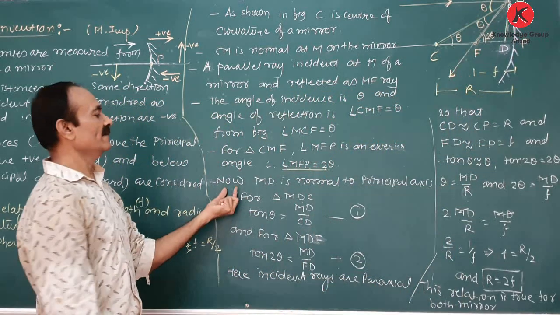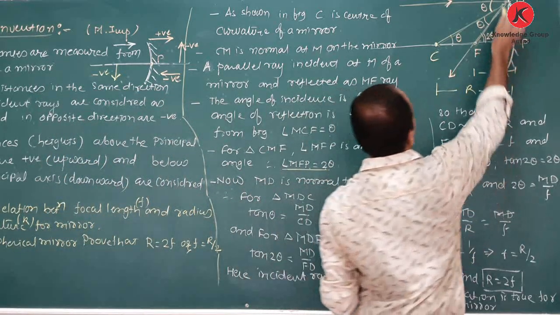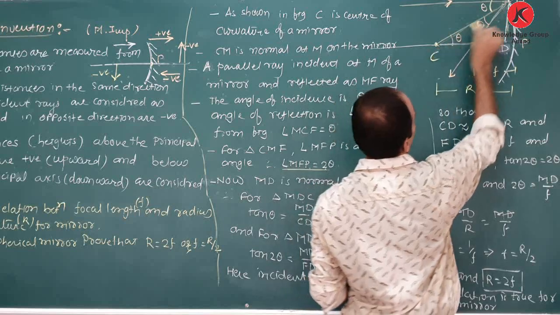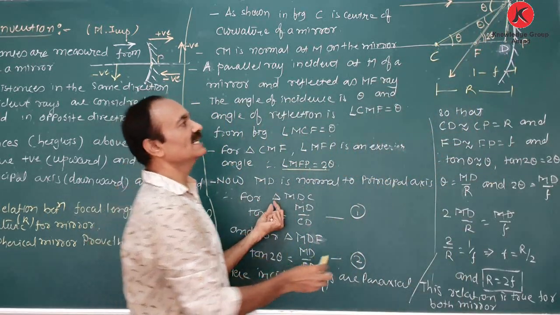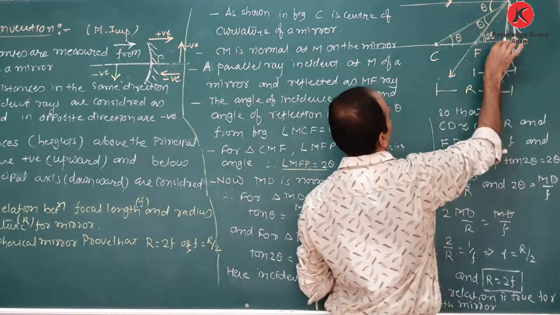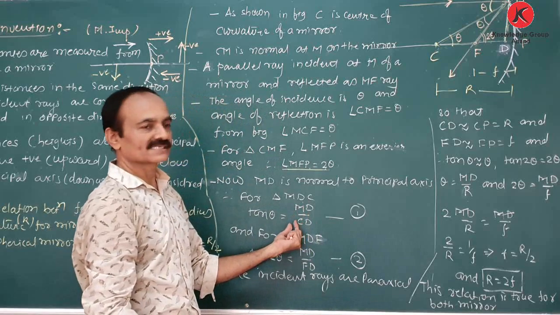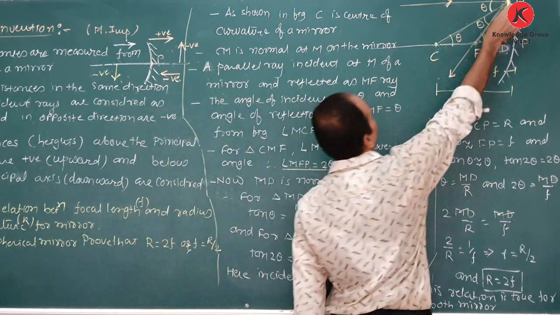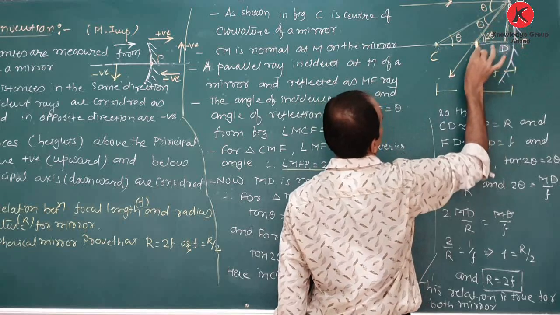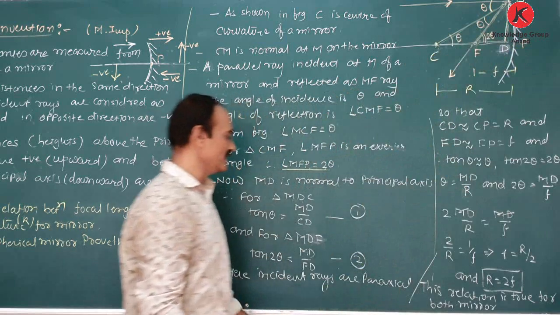Therefore, MD is normal to the principal axis. For triangle MDC, this angle is theta. Therefore, tan theta is equal to MD upon CD. That is equation 1. Now the second triangle, MDF: tan 2 theta is equal to MD upon FD.